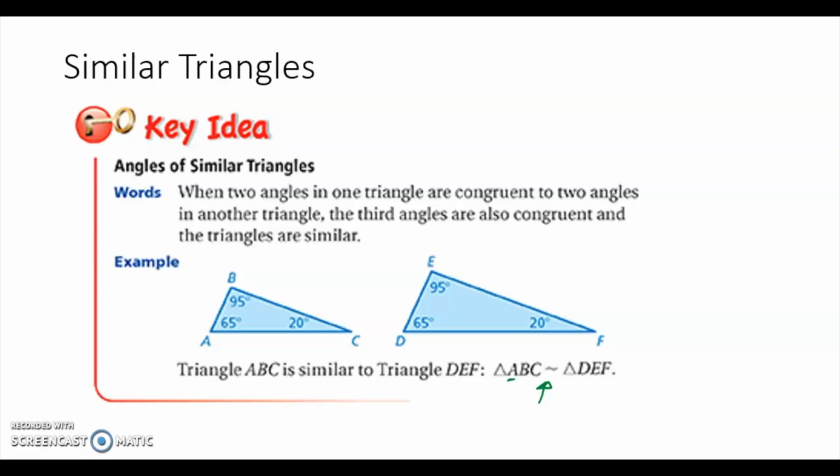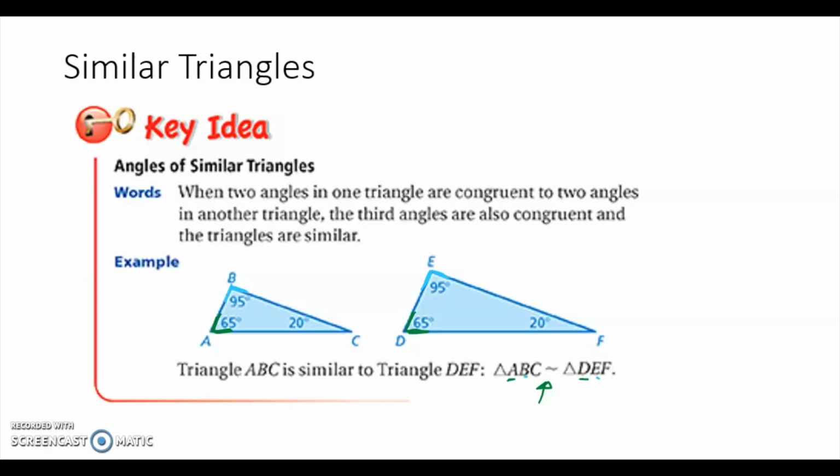So because A is located first and D is located first, that tells us that this green angle right here, 65 degrees, corresponds to 65 degrees. And then we next have E and B. So that means that angle B and angle E are corresponding.